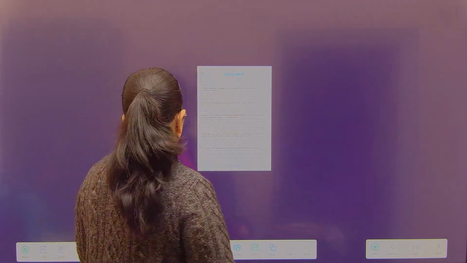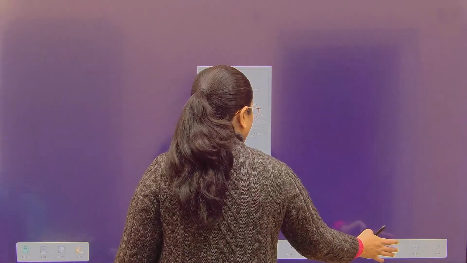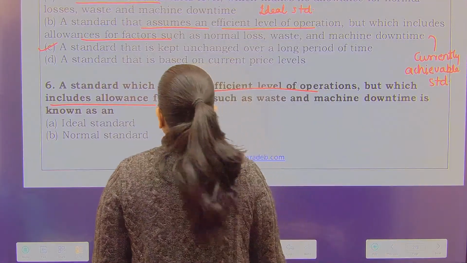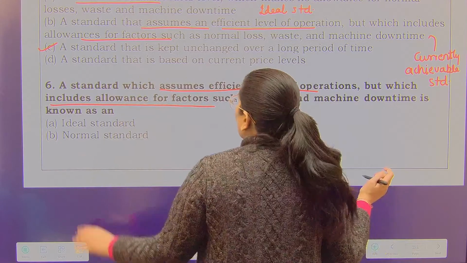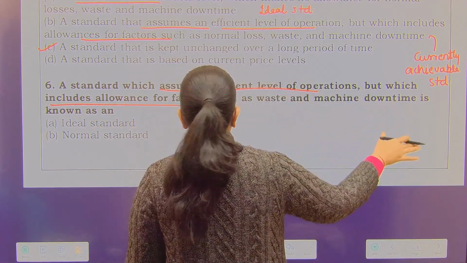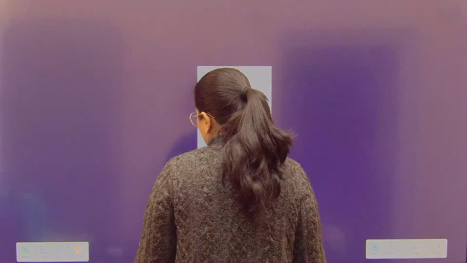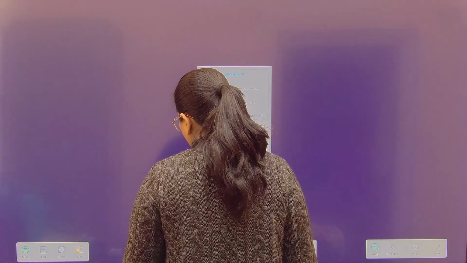So the question is asking you: a standard which is assuming efficient level of operations but which includes allowance for waste and machine downtimes as well. What should it be?